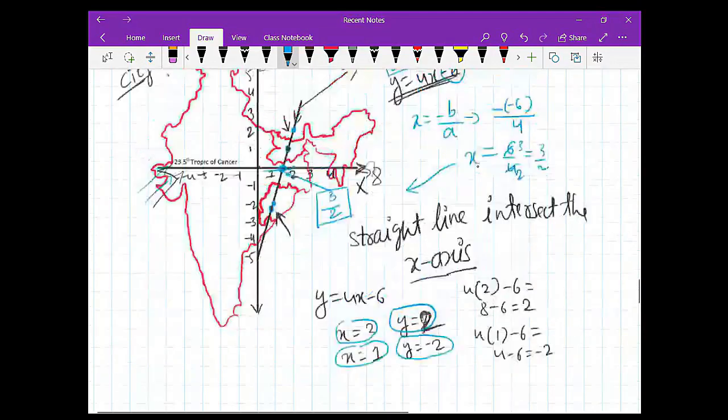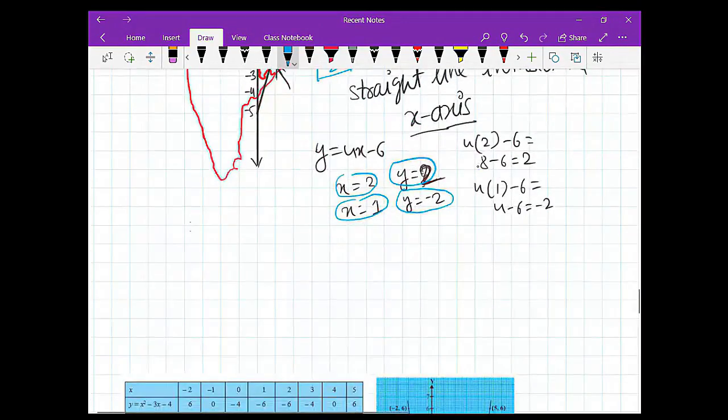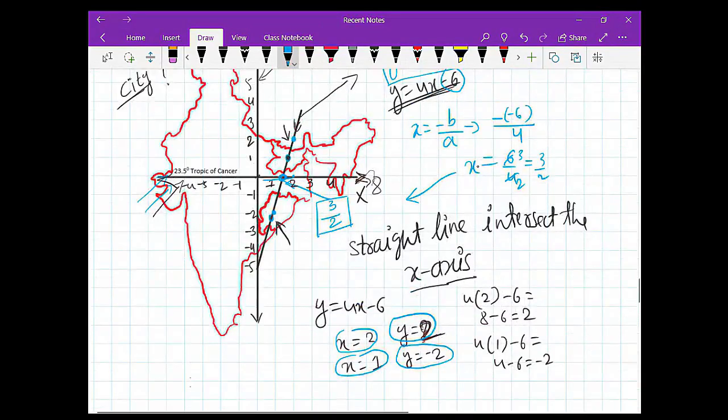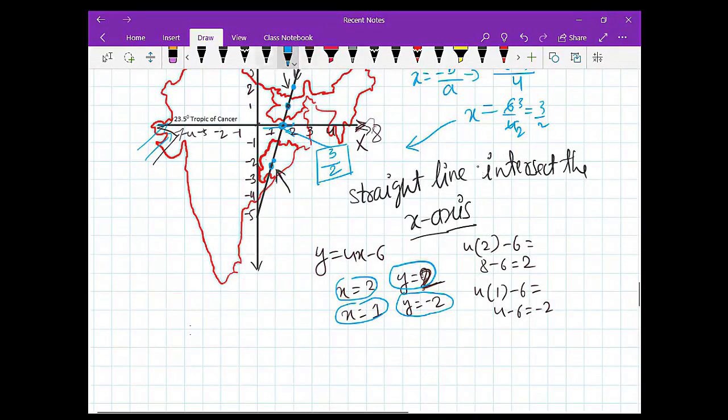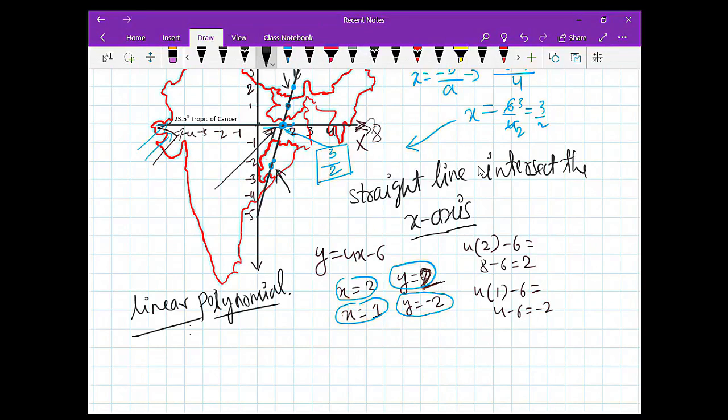See what is the geometrical meaning of the zero of the polynomial. The point where the line intersects the x-axis, that point we call a zero of the polynomial. It cuts at exactly one point, not more than one. That's why a linear polynomial has only one root, or one zero, which is the x coordinate where it intersects the x-axis.